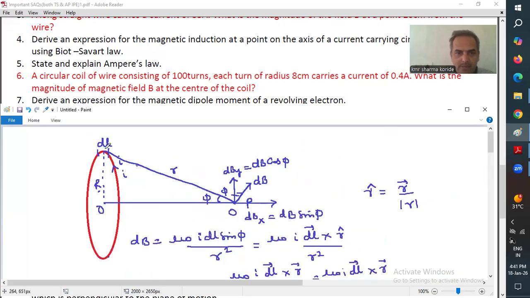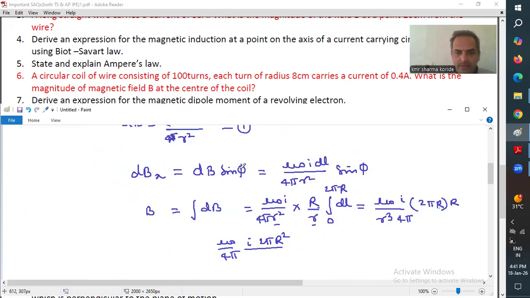what is r here in the diagram? r can be written as the hypotenuse. Let us say this is x. So r can be written as root over r square plus x square, but there is a cube.